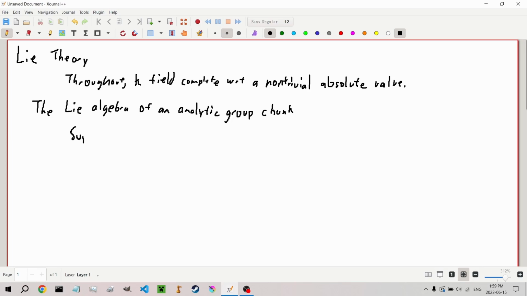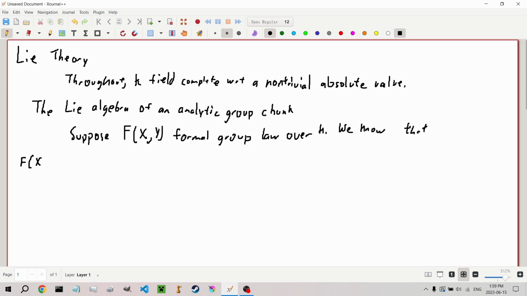So we're going to suppose F of X and Y is a formal group law over K. We know, first off, that F of X plus Y is X plus Y plus a bilinear form on X and Y plus some higher order terms.